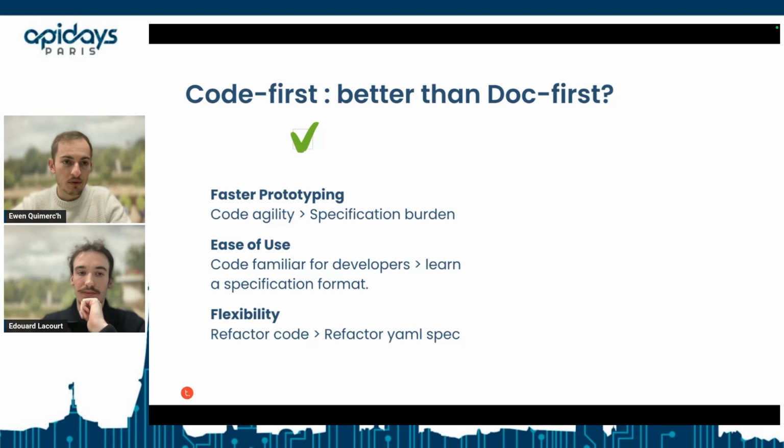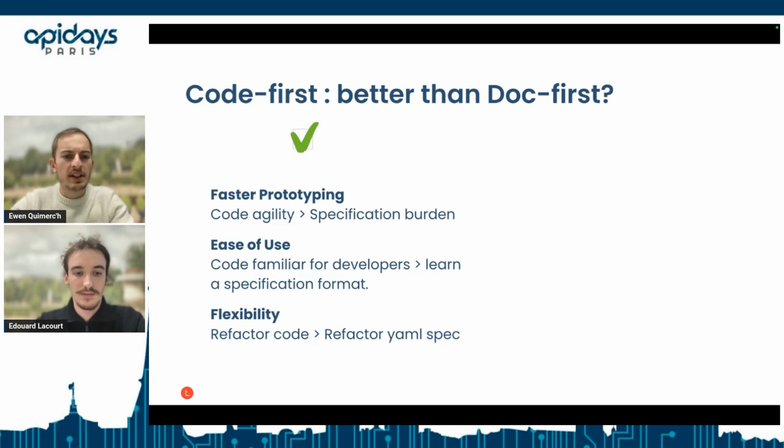Also, it's easier to use, because your developers already know how to code, whereas OpenAPI is a whole new specification to learn, and it can be quite cumbersome to use, and you might not know every detail of the specification. So it's easier to go with the code, and then the spec will follow.